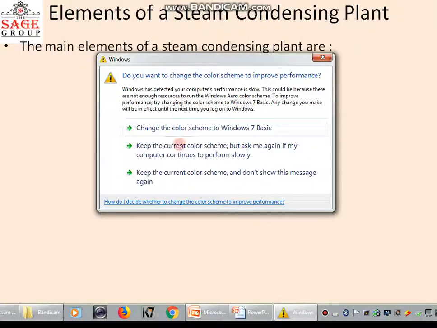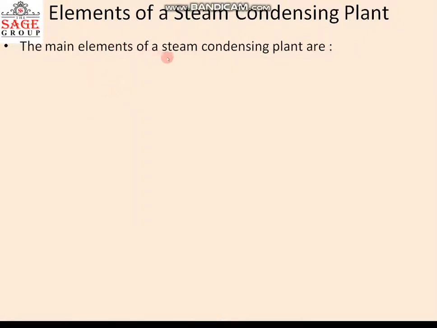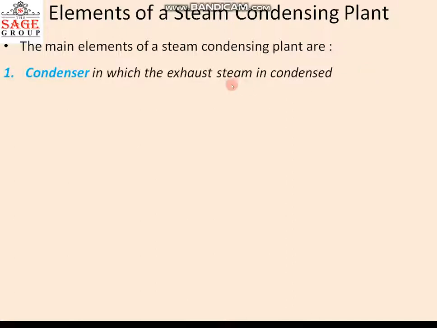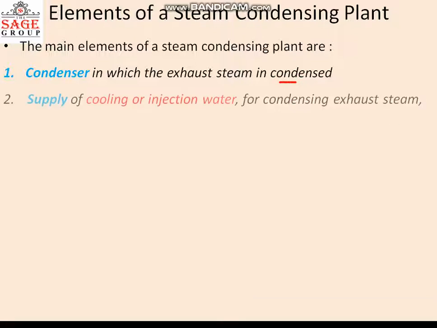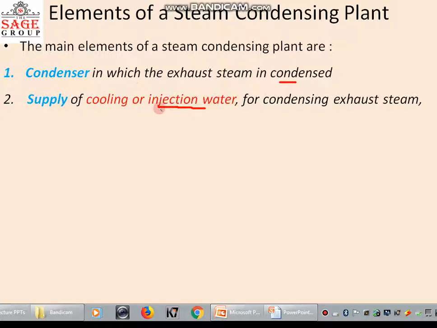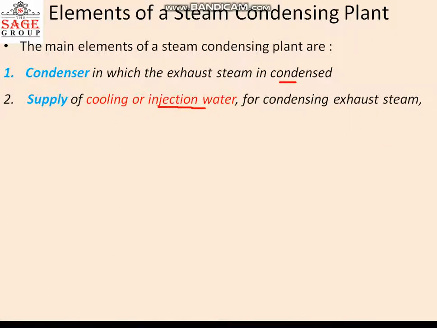Now what are the elements of a steam condensing plant? The main elements are the condenser in which the exhaust steam is condensed. Second is the supply of cooling or injection water. We have to supply continuously the cooling or injection water for condensing the exhaust steam.